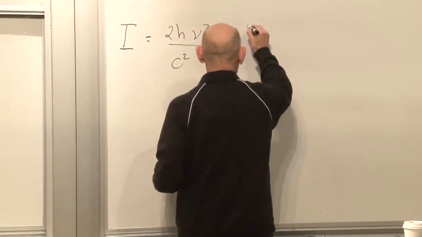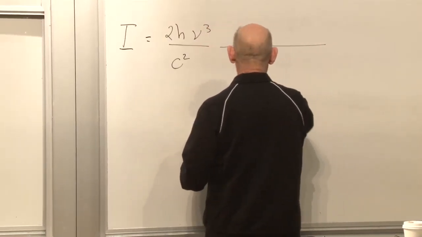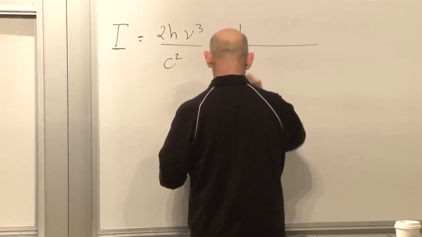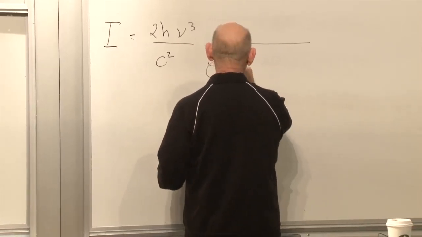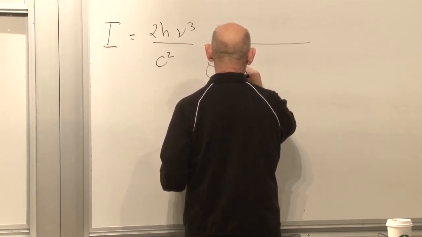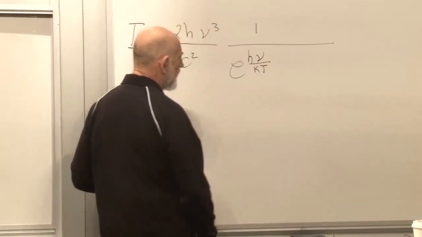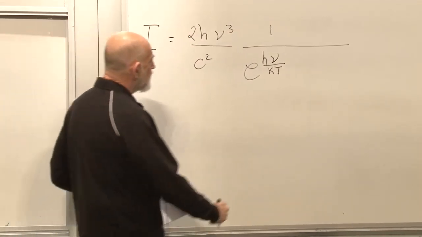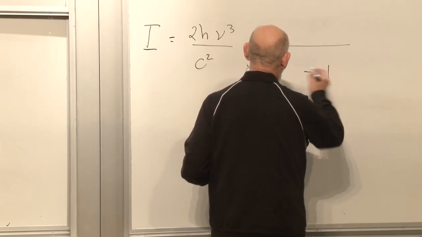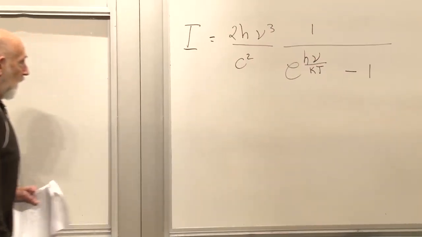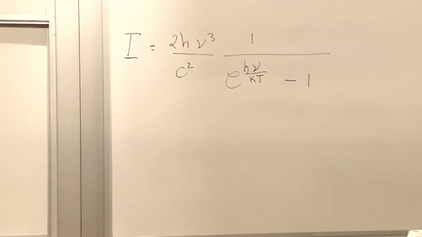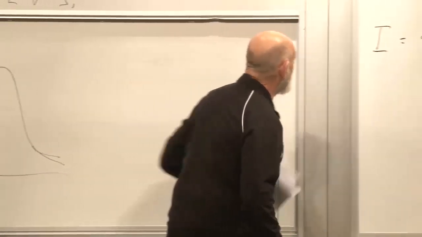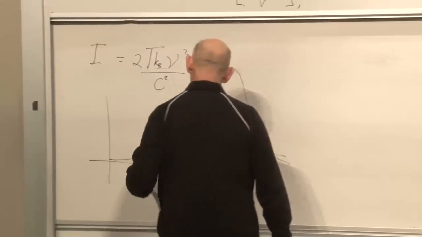And the crazy function was 1 divided by e to the h nu over kT, again, k Boltzmann goes together with the temperature as always, minus 1. All right, just to look at it, just for fun. Question? Okay. What does this formula have to do with the other formula?